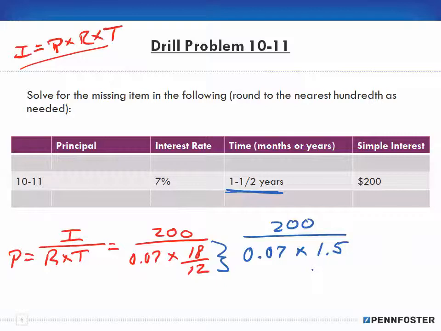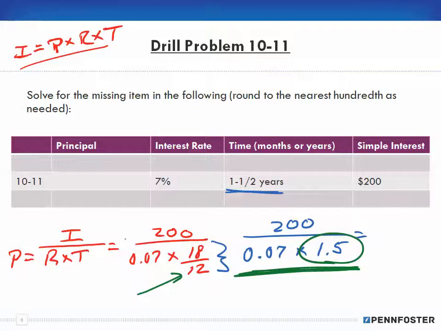You can do the exact same thing and calculate the formula out that way. But the reason why I went through showing you this and putting it 18 over 12 was because I'm trying to stress the fact that you want to keep everything within the same time frame. Now, personally, I would have done it this way. Since I know everything is yearly, I would have just multiplied by the 1.5.